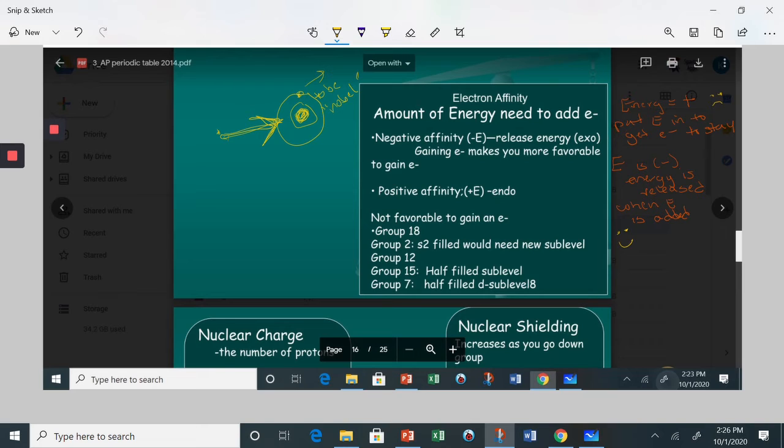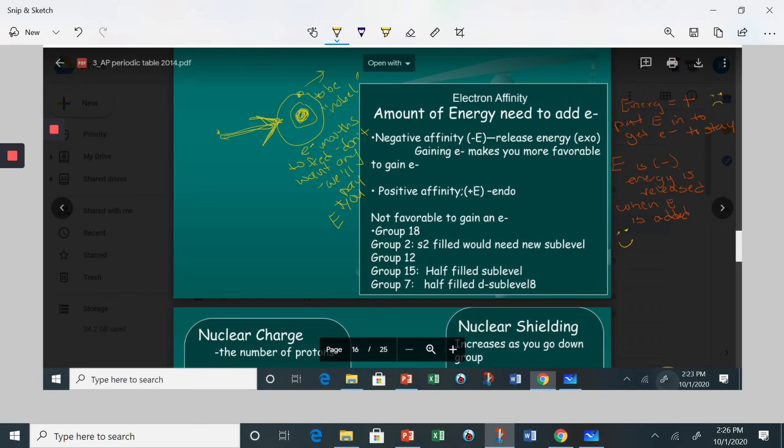It's almost like, I have enough of my electron mouths to feed, I don't want any more. And the state goes, we'll pay you. So they pay them in energy. So E is positive. We're paying you.